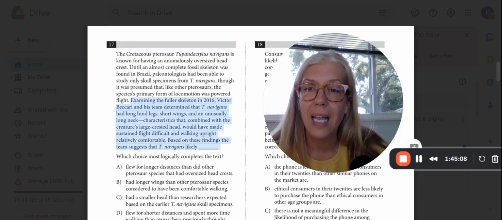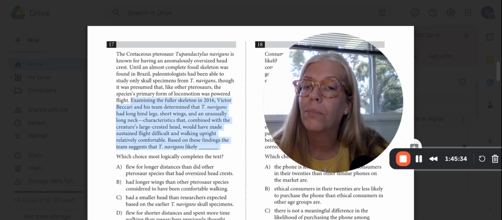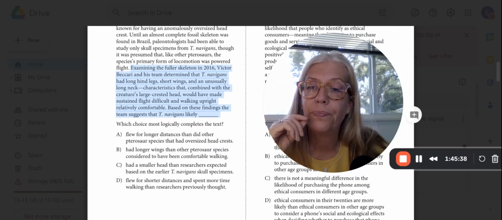We now understand, and look at the em dash, it opens an em dash and closes with a period, and within it says the answer: characteristics that, combined with the creature's large crested head, would have made sustained flight difficult and walking upright relatively comfortable. So he didn't fly, he walked. Based on the findings, the team suggests that T. navigans likely walked and didn't fly. Yeah?